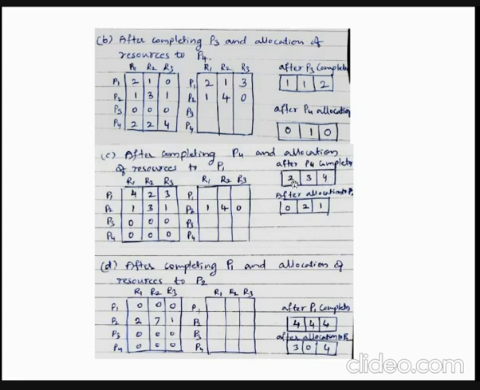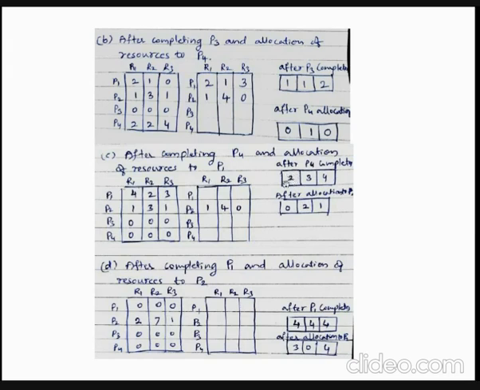It indicates that we have two resources of R1 type, 3 resources of R2 type, and 4 resources of R3 type. They are available for any process. Okay, now with this situation, we'll check which process will be able to complete the execution.